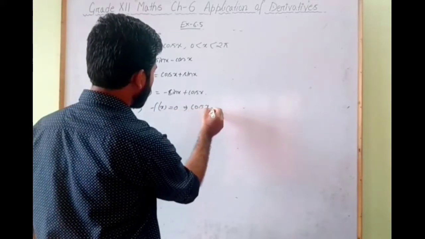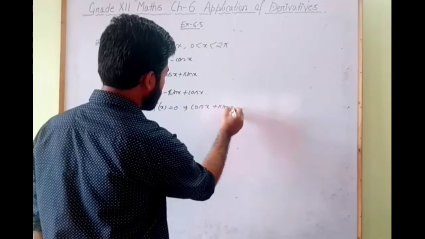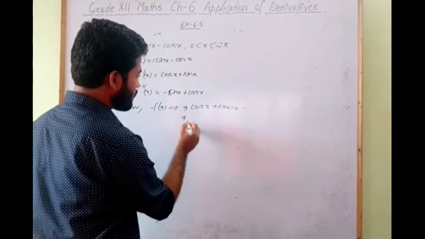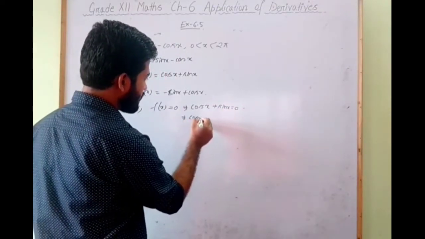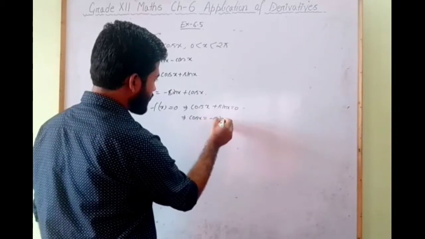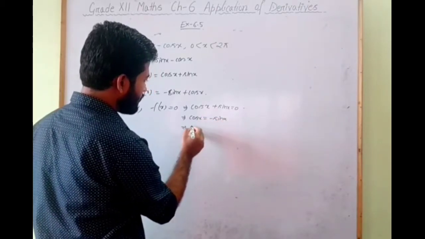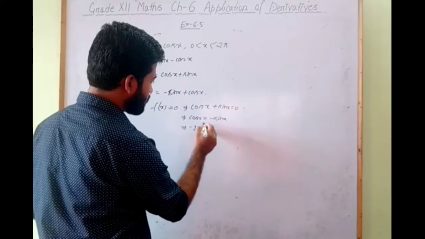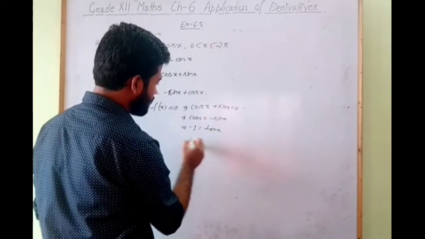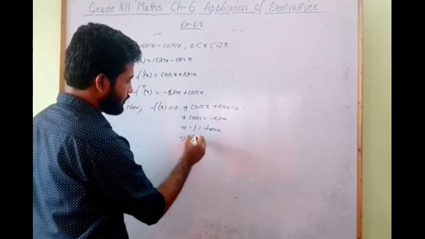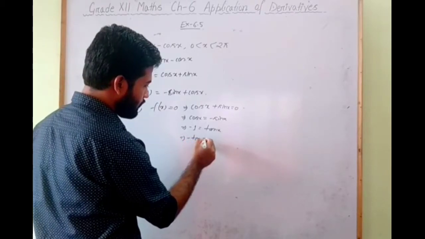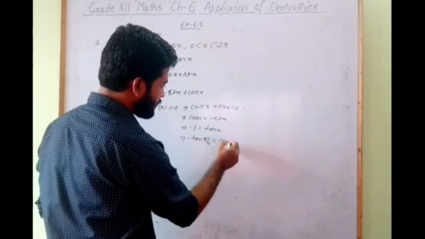So this will imply cos x plus sin x is equal to 0, and from there we shall get cos x is equal to minus sin x, and this will imply minus 1 is equal to tan x. From there I can write minus 1: tan of pi by 4 is 1, so I shall write it as tan x.